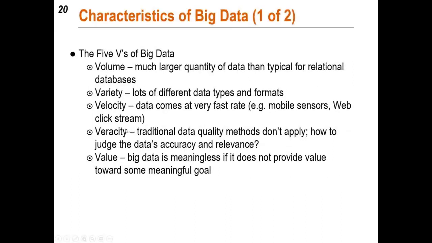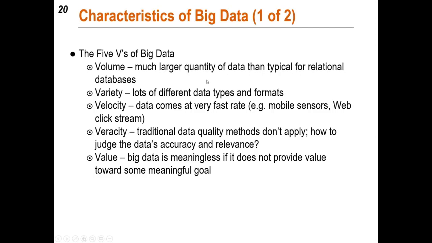So in big data, we can say there are five characteristics. We call them the 5 V's of big data. Obviously, volume is one of the key things, because nowadays organizations tend to capture and record more and more data.